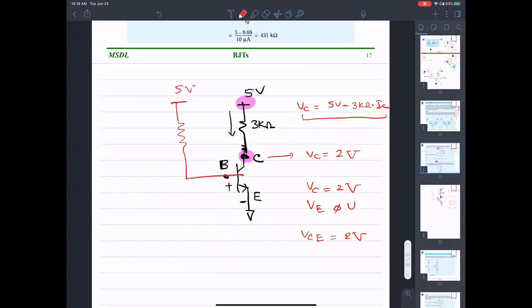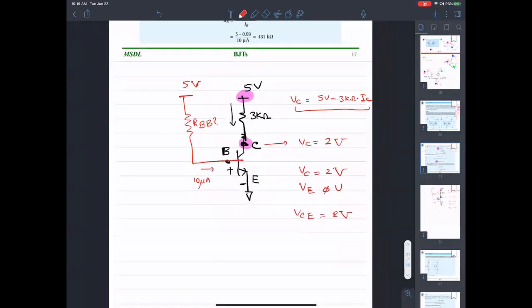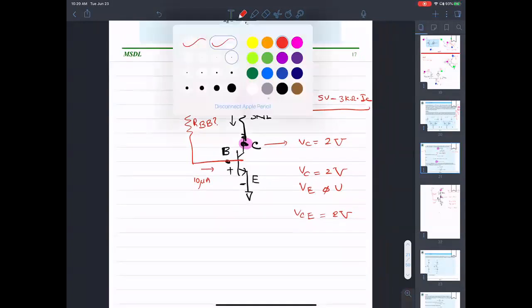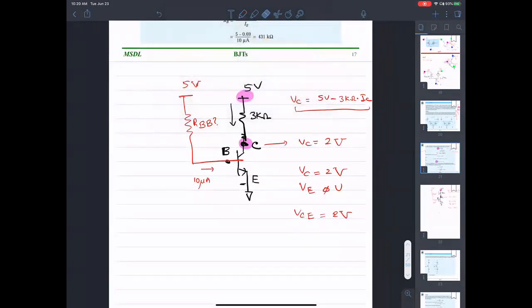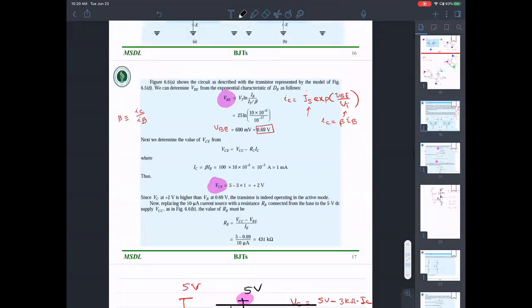Connect this guy to a 5 volts power supply and use RB over here. If you still want to maintain a 10 microamperes current, what would be the value of RB? In order to do that, you have to remember that the voltage at VB came out to be 0.69 volts. That was the first solution that we found for VBE.